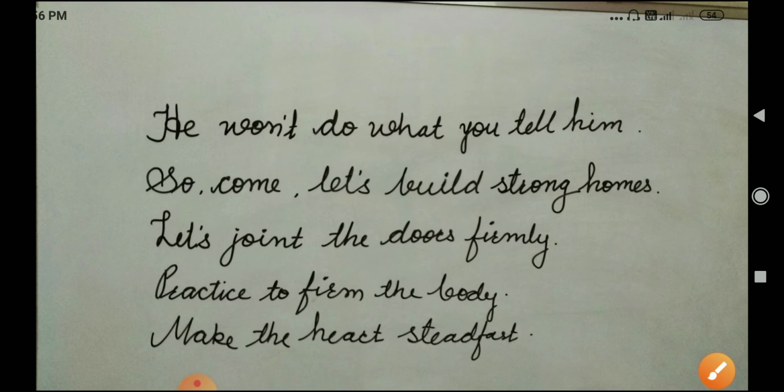The next figure of speech used in this poem is alliteration. Alliteration means a figure of speech which involves repetition of a consonant sound in close connection. You can see here won't, what, the w sound is repeated in close connection, meaning in one line.